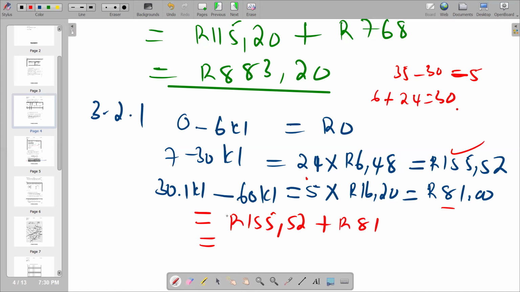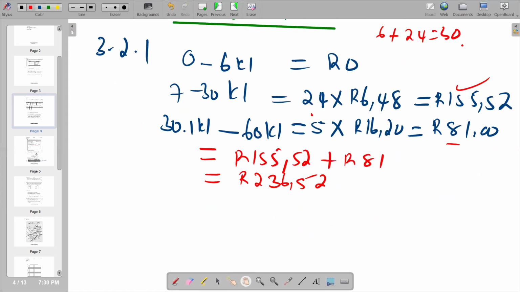We get 236 rands 52 cents. This is what we have.